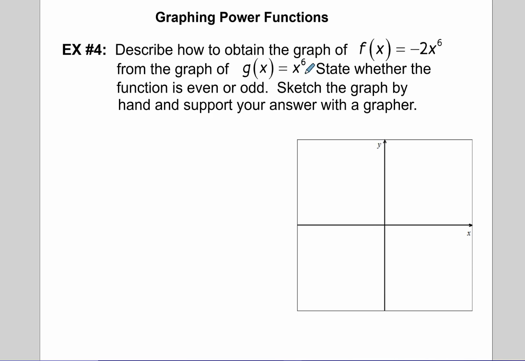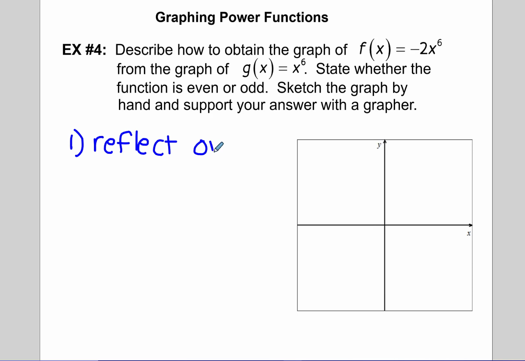Here we're going to use the graph of x to the 6th and say what happens to the graph and sketch the graph. So we know that x to the 6th would be a very skinny parabolic looking function, but the -2 causes the graph to reflect across the x-axis.